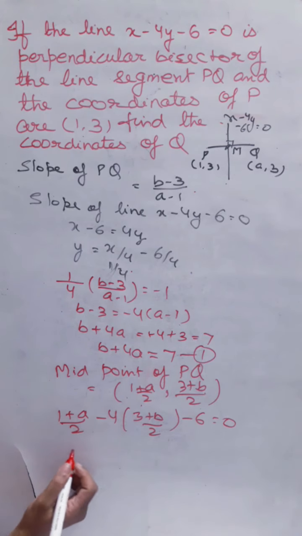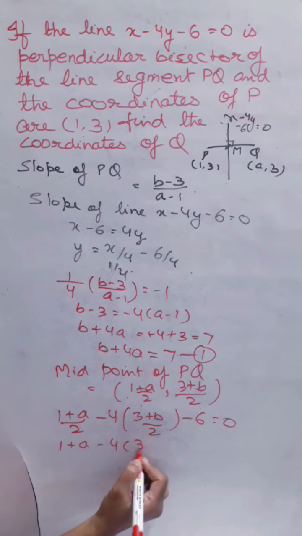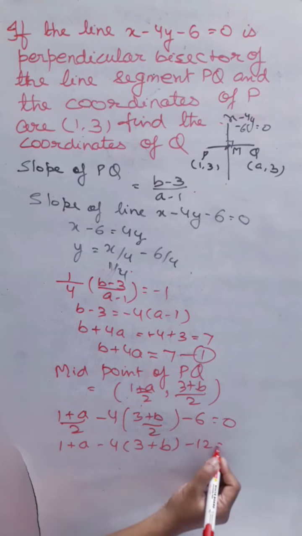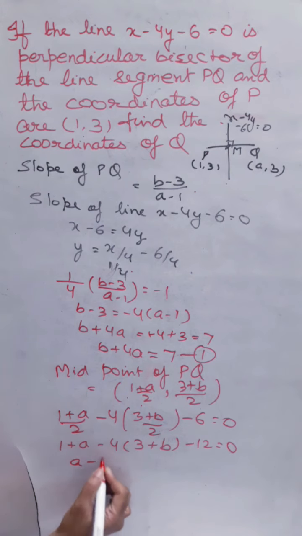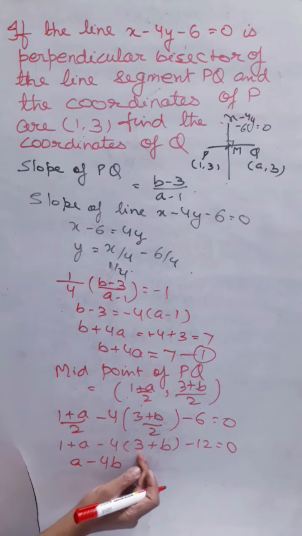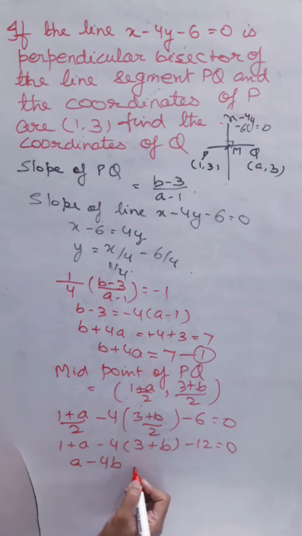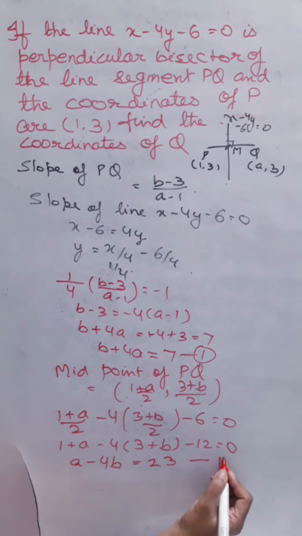Now I am multiplying everything by 2. So I will get 1 + a - 4(3 + b) - 12 = 0. Solving this, I will get a - 4b = 23. This is your equation 2.